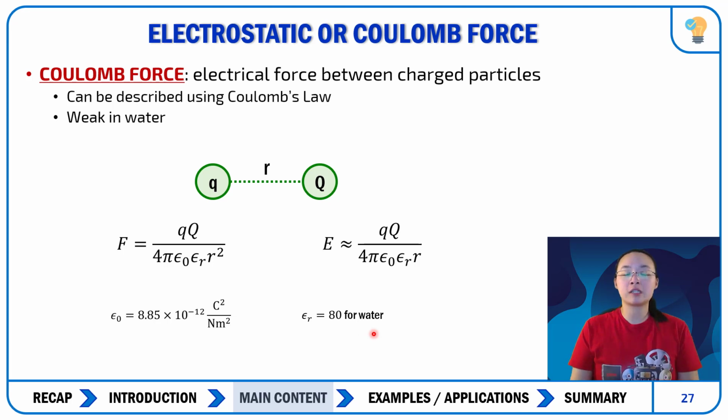So that's a constant. You can also calculate the approximate potential energy just by taking away an r. This is the simplest one that we can use a model for. Basically, we're using Coulomb's law to model the Coulomb force between two permanently charged particles.